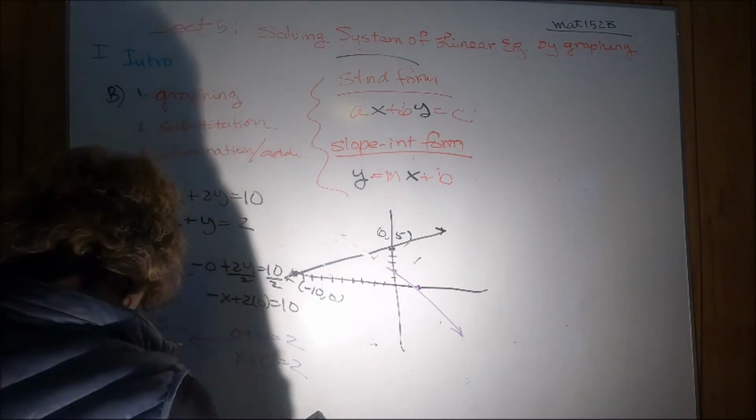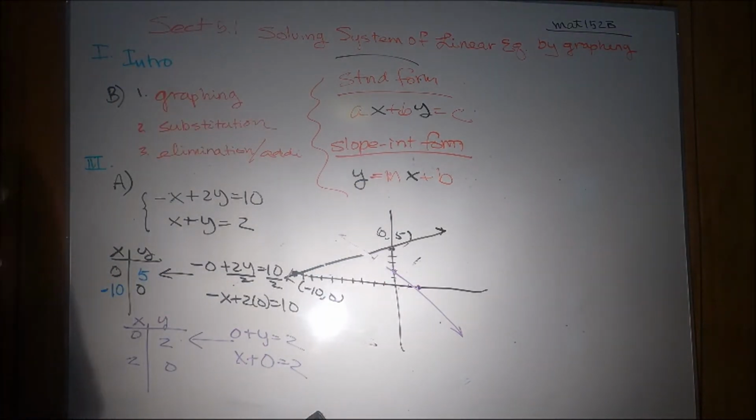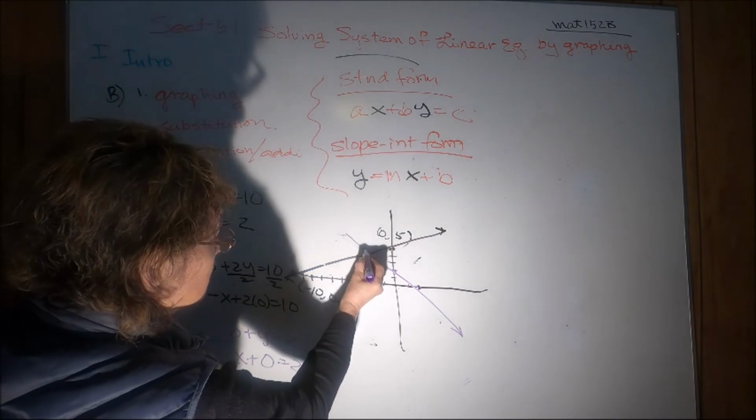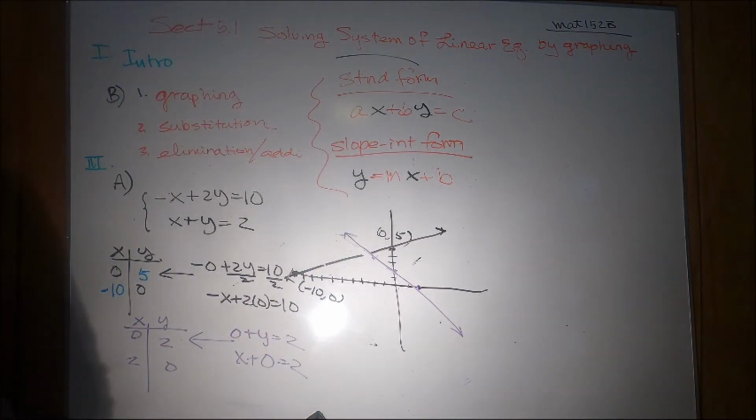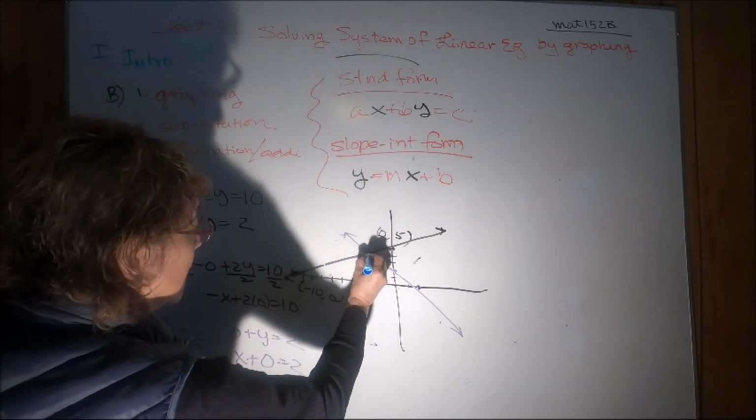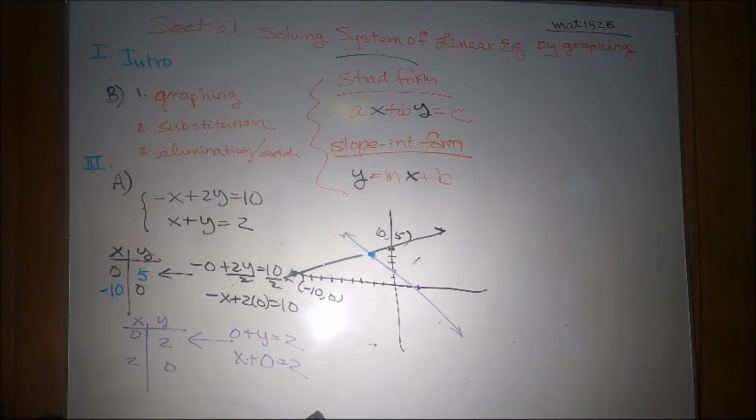You need to have a ruler and line it up nicely so you can find the point. Otherwise, it's not accurate. So for the first method, it will not be so accurate. You have to line up everything.